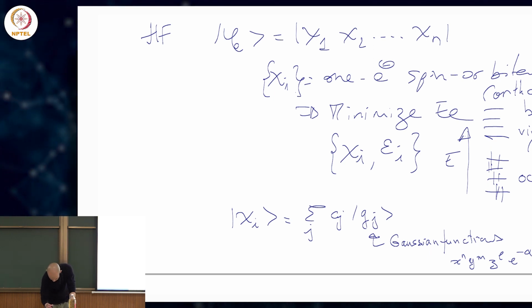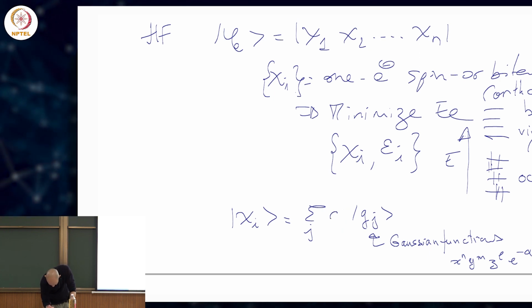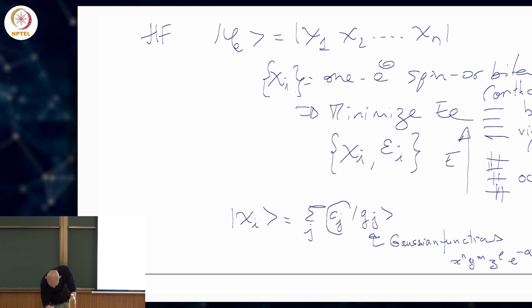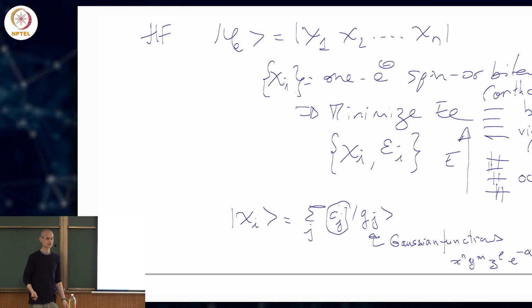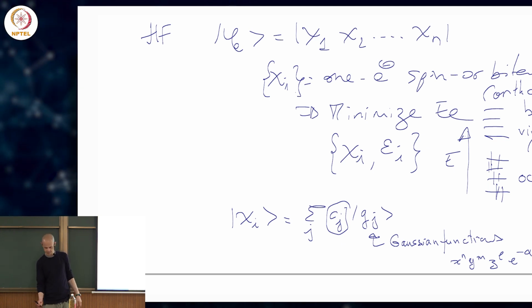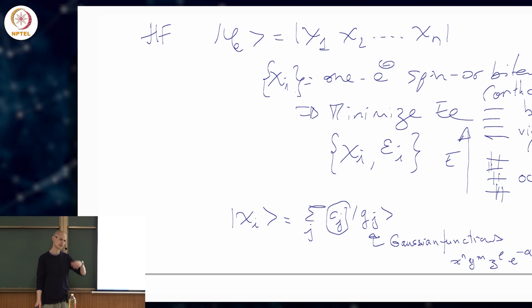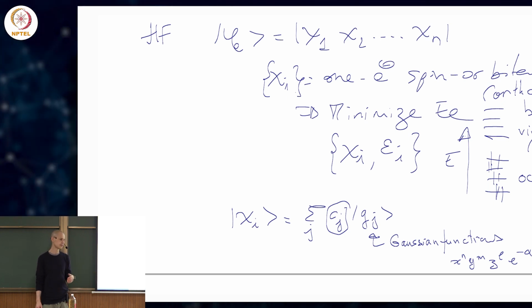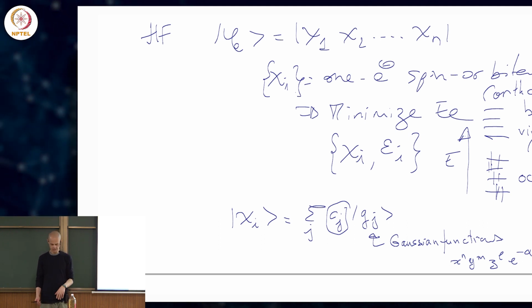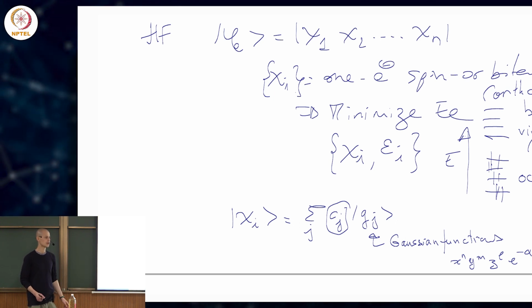So the parameters that you want to optimize are these coefficients here. What you tell the computer is, use the basis set with this exponent alpha. So you get a bunch of Gaussians, say 10 Gaussians with 10 different exponents. And then you say, now find me the coefficients C that give me the lowest energy.